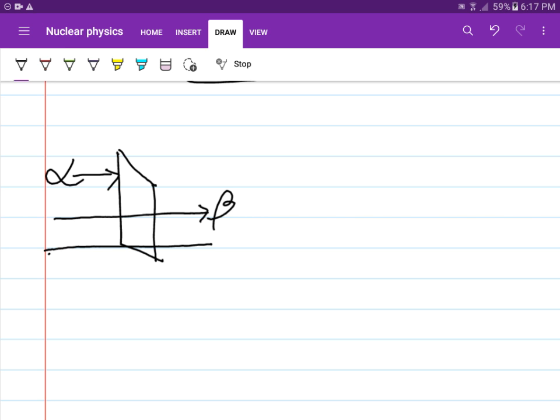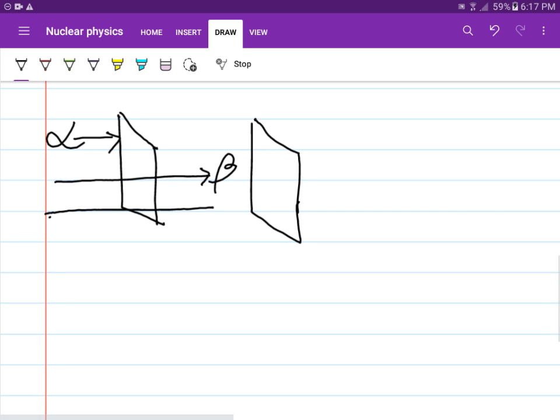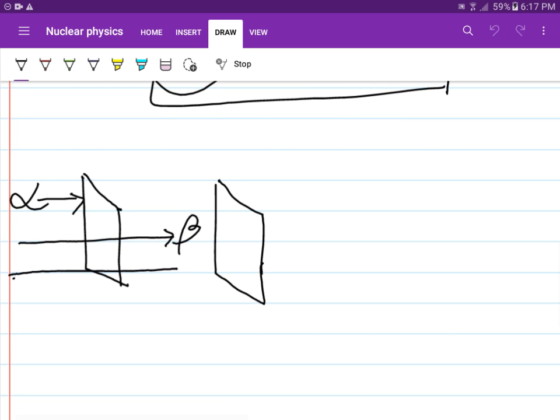Even though beta particles can pass through a sheet of paper, they cannot pass through concrete or wood. Concrete or wood is enough to block beta particles, but gamma particles can even penetrate wood or concrete. So this is how energetic gamma particles are.